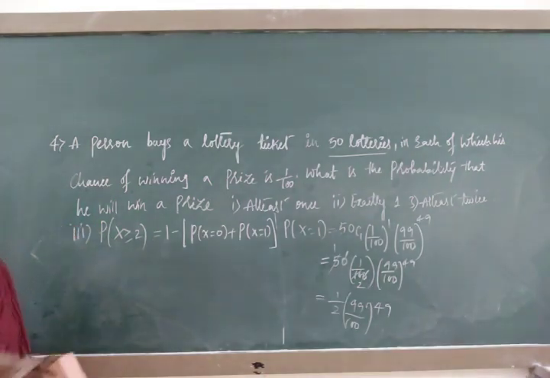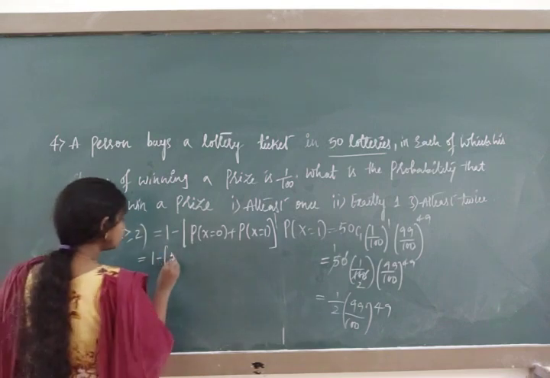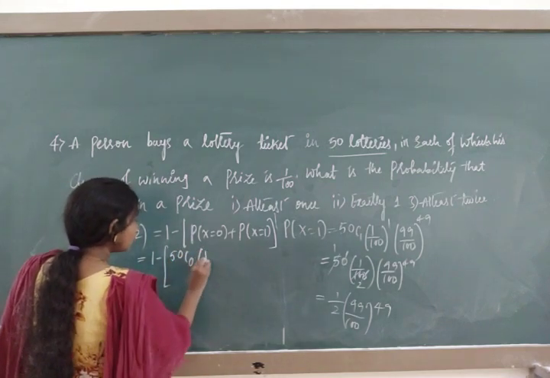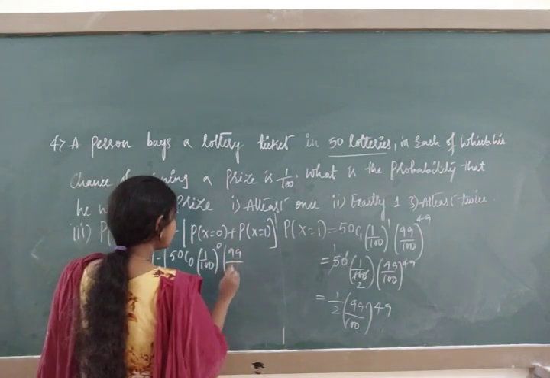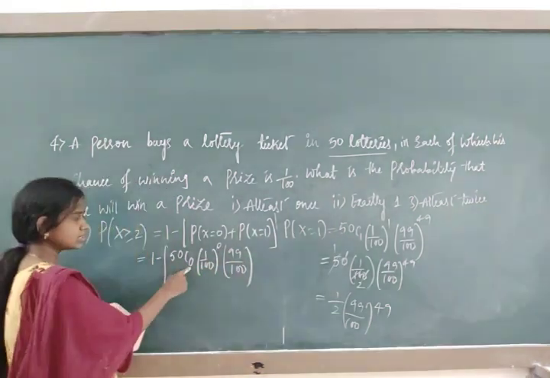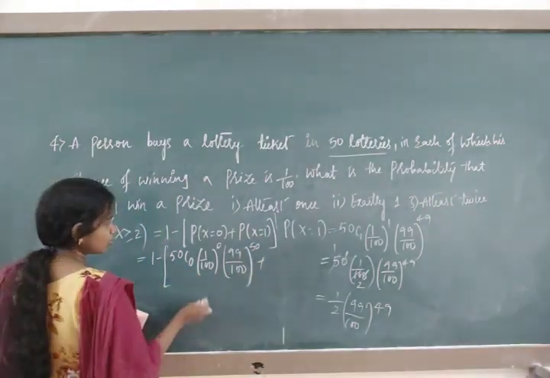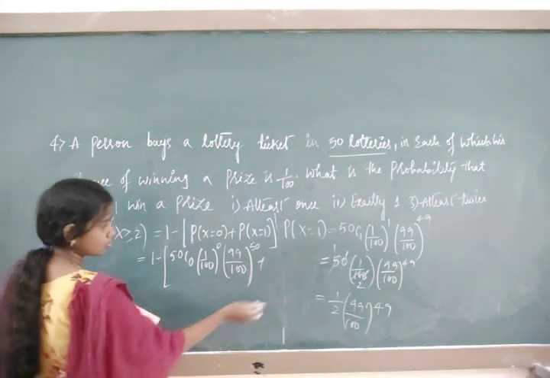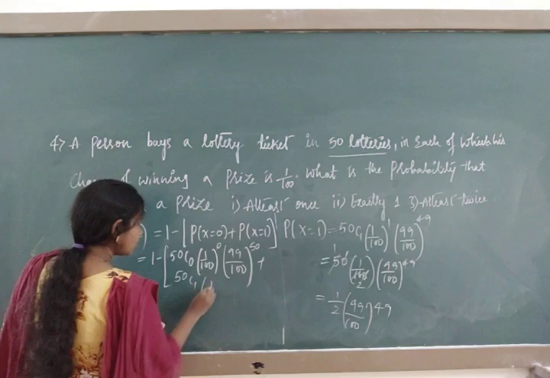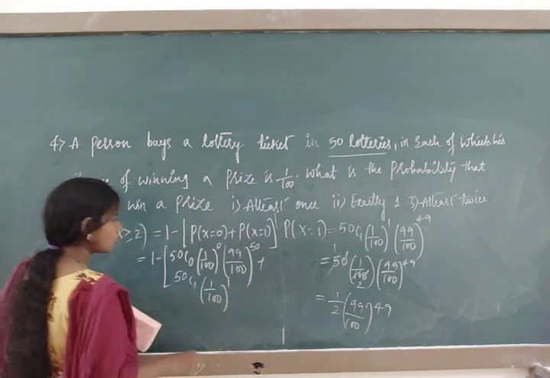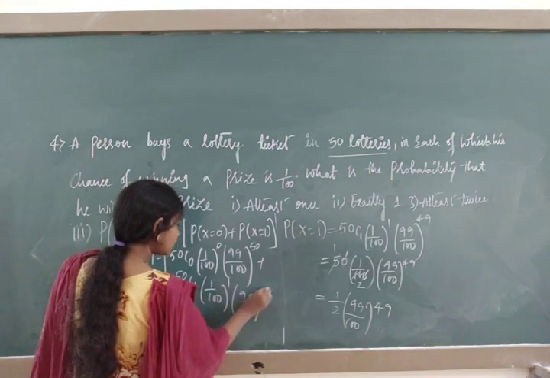Subtract from the probability range: 1 minus, the formula for 0 is 50C0, 1 upon 100 to the power of 0, and the q value we got is 99 by 100 whole to the power of 50 minus 0, that is 50, plus what I just got for x is equal to 1. If you want, you can take 50C1, 1 upon 100 whole to the power of 1, 99 by 100 whole to the power of 49.